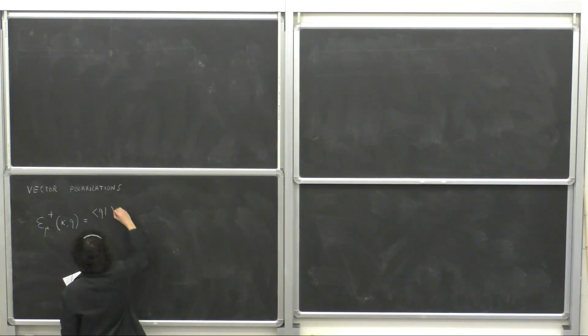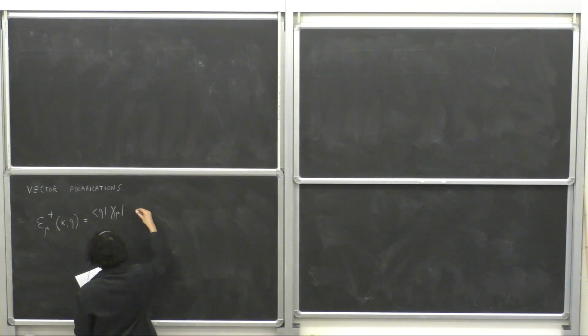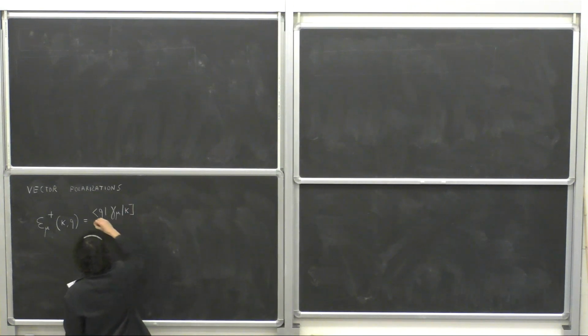In this particular case, we want to write this in terms of a gamma matrix, and then there is a normalization factor, and it looks like this.